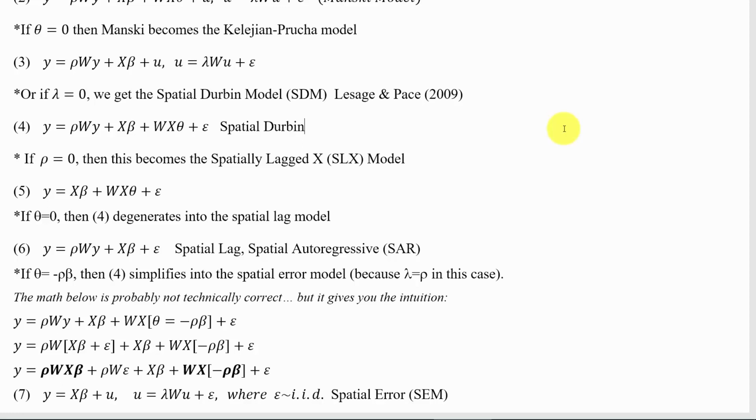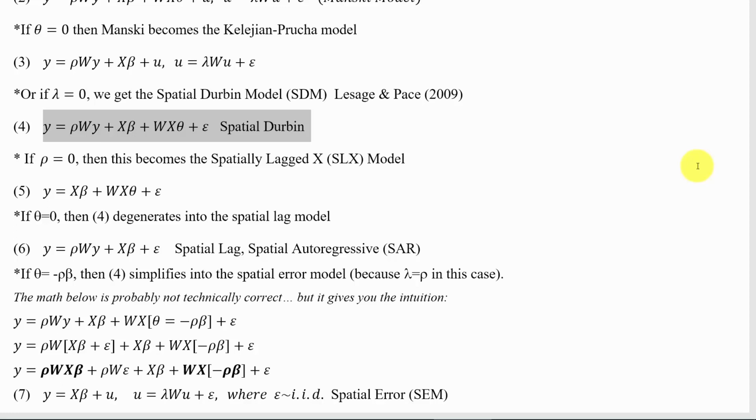There's no unanimous opinion, but I like Lesage and Pace's approach, which say, look, first, estimate the spatial Durbin model because it's tractable, number one. We know that we can estimate these things, and we can get pretty good estimates of these coefficients.